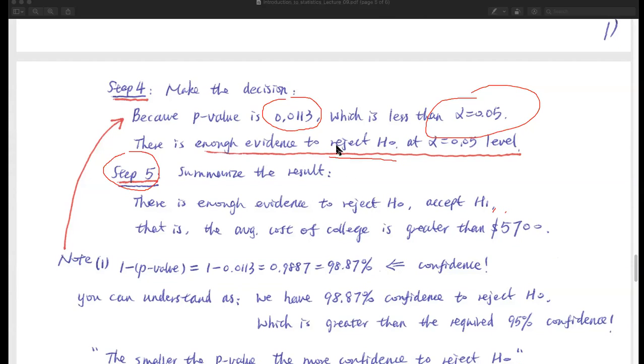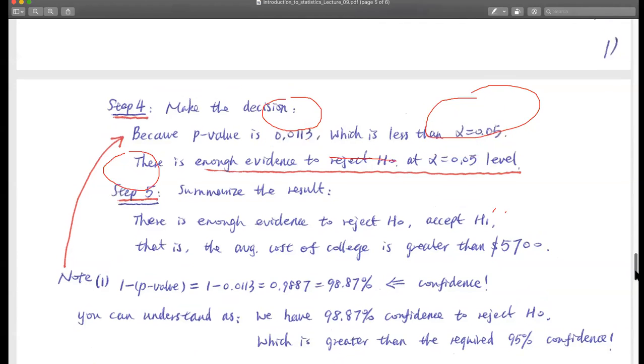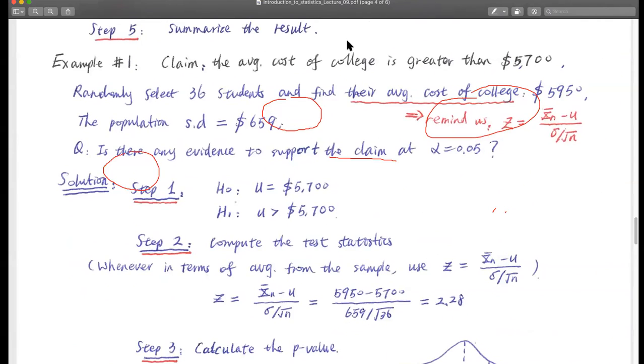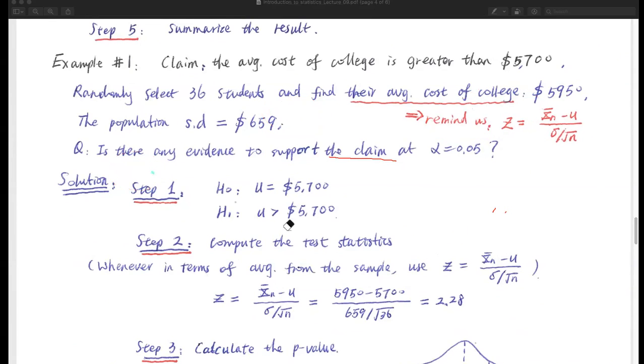H0 is the average cost of college is equal to 5,700. Remember, that's H0. So we are going to reject that. Reject H0, which is equivalent to accept H1.